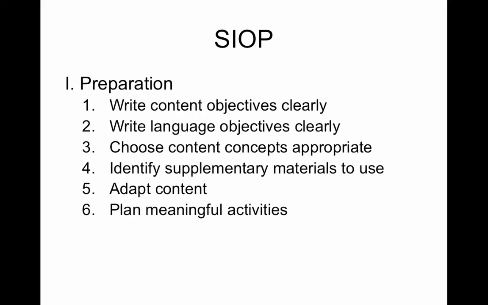Again, this would be coming from looking at the standard, as well as thinking about the students' first language skills, literacy skills, language proficiency, and reading ability. We take students into consideration when we're preparing and planning a lesson. That all has to come into this preparation component.